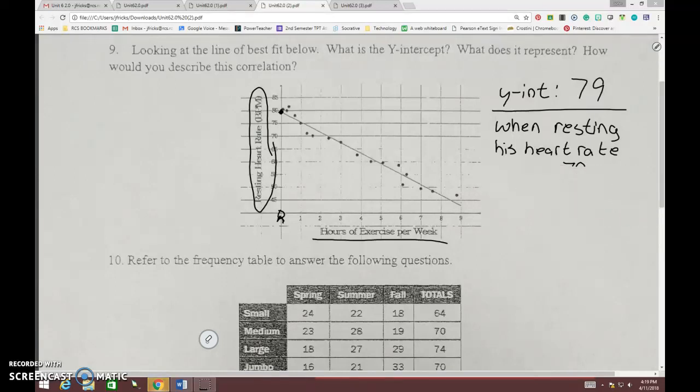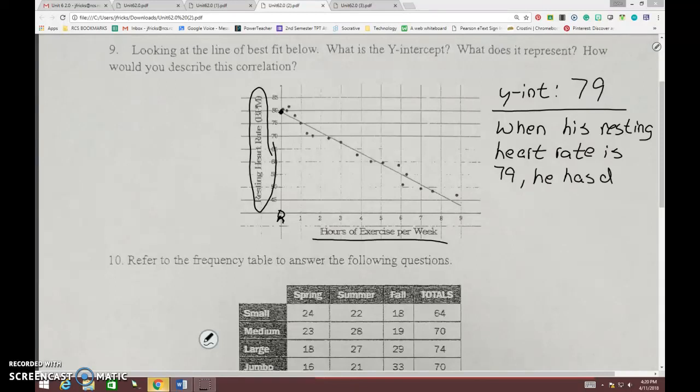Let me fix all of it. When his resting heart rate is 79, he has done no exercise. So just be able to read that. I don't know if that's necessarily the most important thing you need to know for the test tomorrow, but know how to look at it.